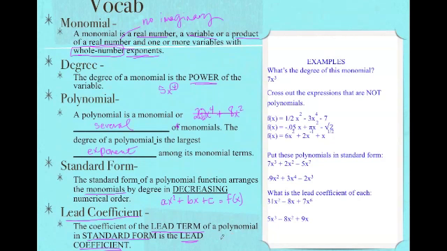So if you had this string of numbers, like look at these over here to the left, to the right, the term with the highest degree is 6, so I know it would be first if I was writing this in standard form.